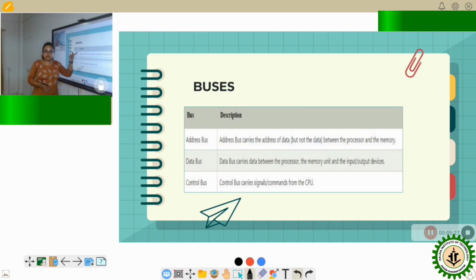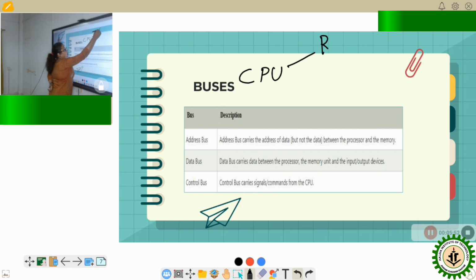So next is the buses. Buses are a collection of communication wires which are used to connect the components of a computer. If I am having a CPU, then it is connecting with the RAM.